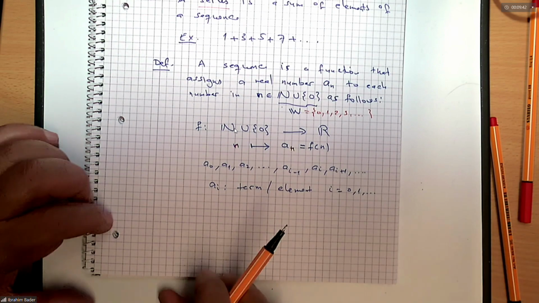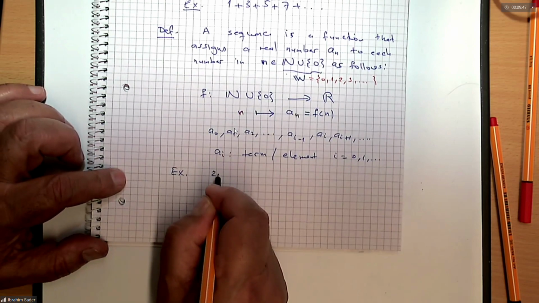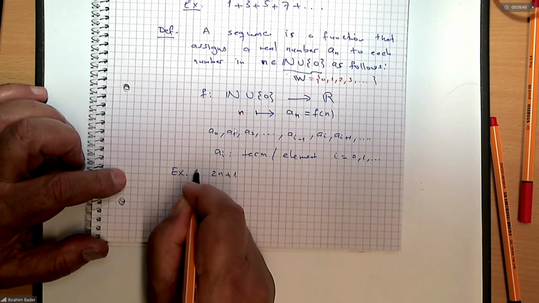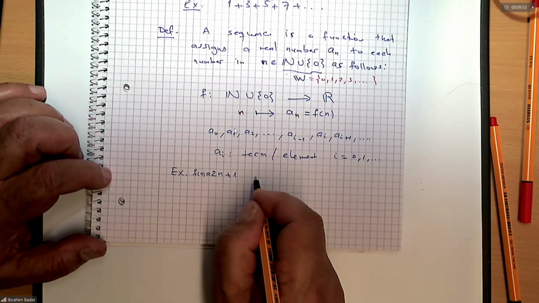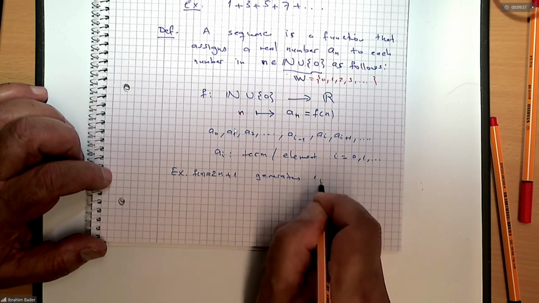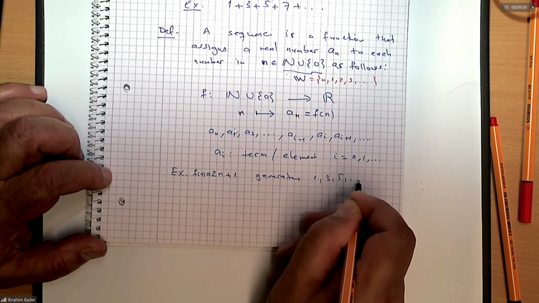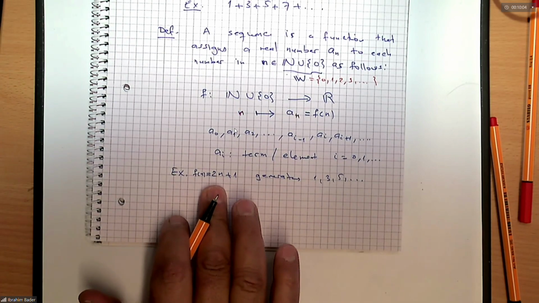Okay, so here an example, 2n plus 1 will generate 1, 3, 5, and so on. Okay, so here at 0, you will be getting 1.